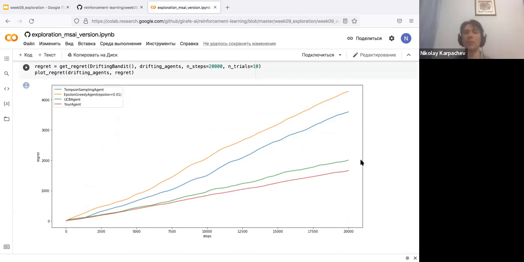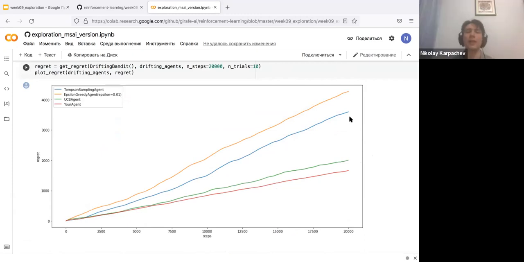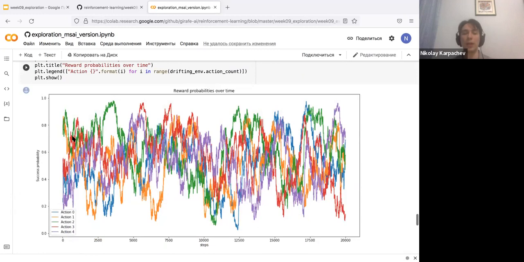Here UCB performs better than Thompson sampling, and that's interesting. I think the intuition is that upper bounds are not so sensitive to change in distribution as the samples from the posterior.